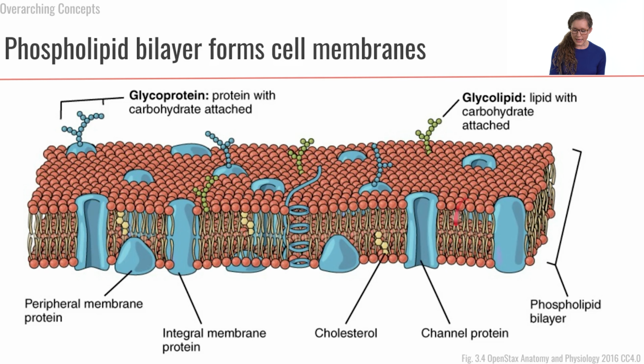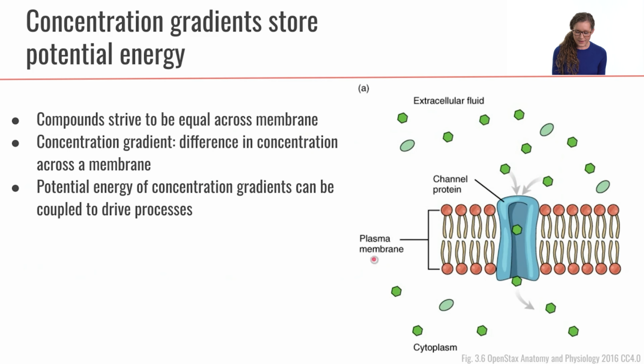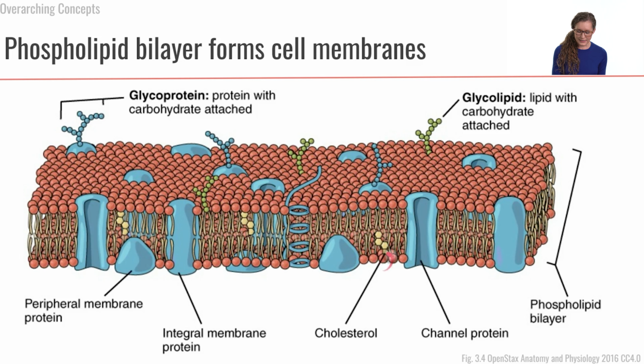We have two layers of phospholipids, but they are oriented in such a way that the phosphate heads are pointing out towards the extracellular space, and then the second layer of phosphate heads are pointed towards the intracellular space, and then each layer has its fatty acid tails pointing towards each other. So that is the phospholipid bilayer.